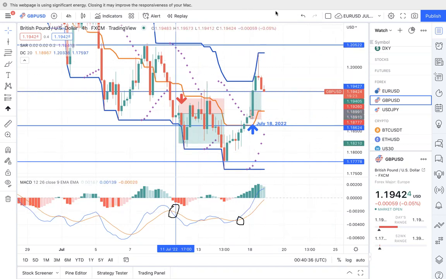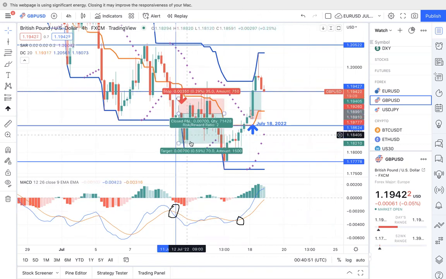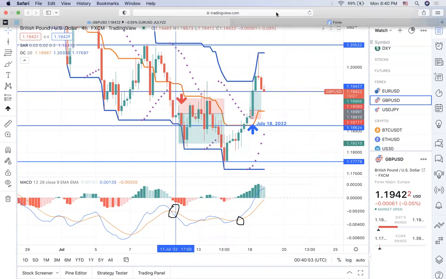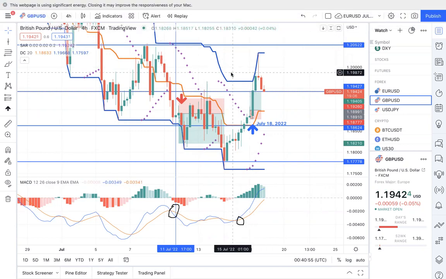Now, one extra tip you can use for the Donchian channel is that if you see that it's flat, that's letting you know that the market is going to reverse and go the opposite way of which it's been going. Like we can see here, the market was flat, it was selling for a while, then it started to buy. And this is my new favorite thing that I love: if you see that the Donchian channel is slanted, that is an additional indicator that the market is going to continue to go in the current direction.